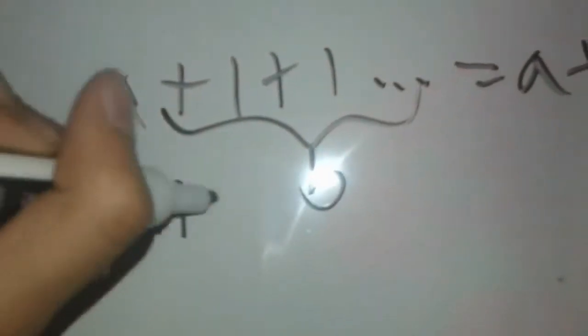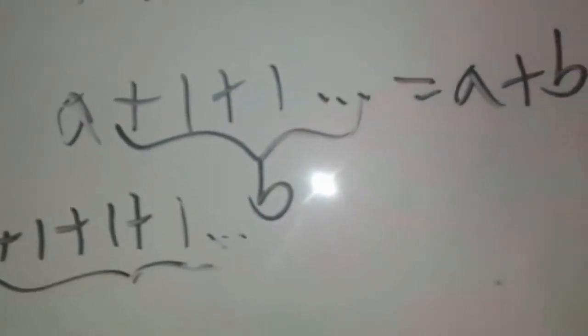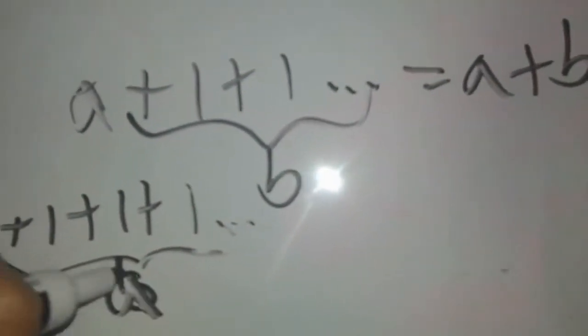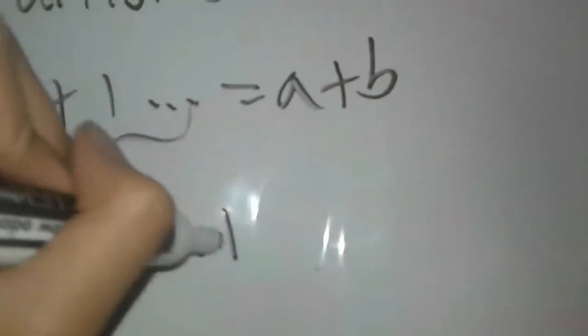A plus 1 plus 1 plus 1, and so on, would equal a plus a. So 4 plus 4 is really 4 plus 1 plus 1 plus 1 plus 1, which is just adding 1 four times. That is the same thing.